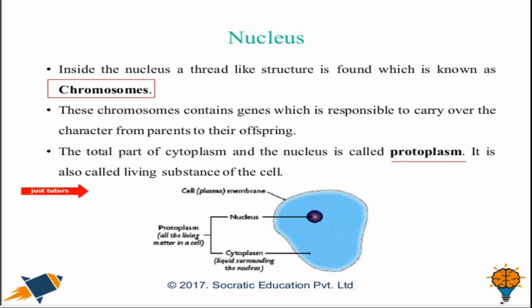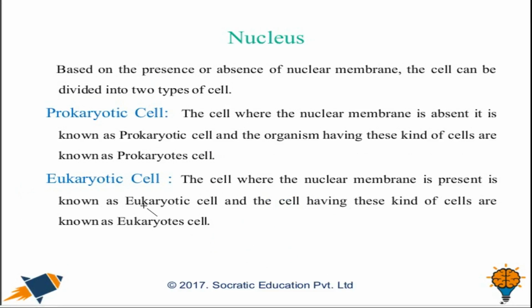Now the next thing is also about the nucleus, and on the basis of the nuclear membrane the cell can be divided into two types. The first kind of cell is prokaryotic and the next type is eukaryotic. The cell where the nuclear membrane is absent is prokaryotic.